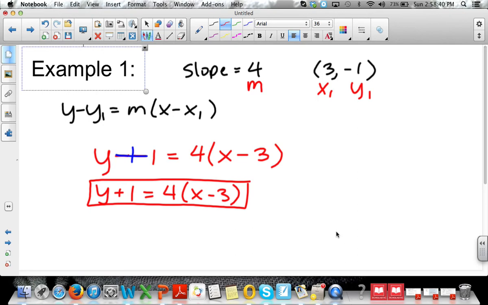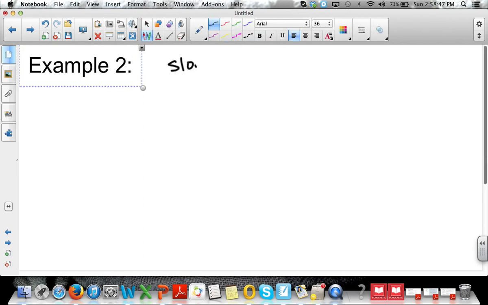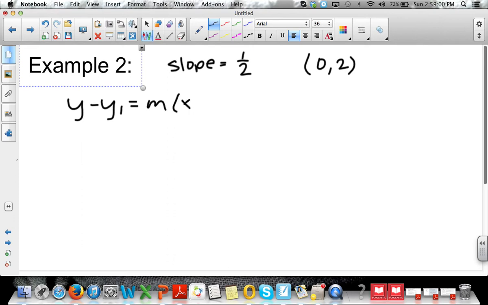So let's try another one. Okay, let me write my general equation again. Alright, so my slope is 1/2, that's m. 0 is x1, 2 is y1.